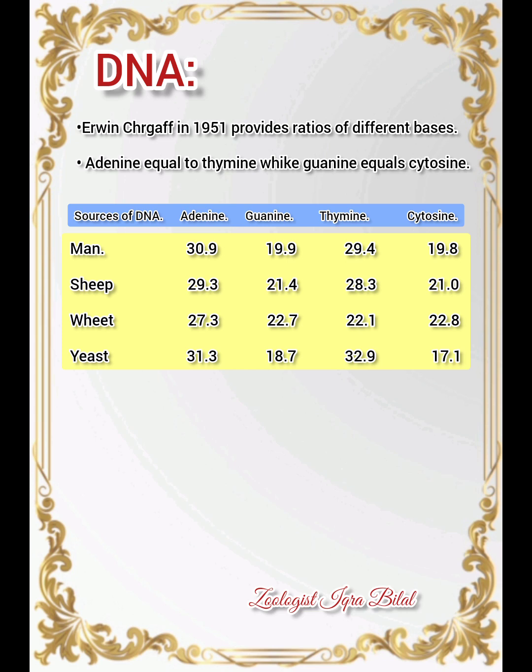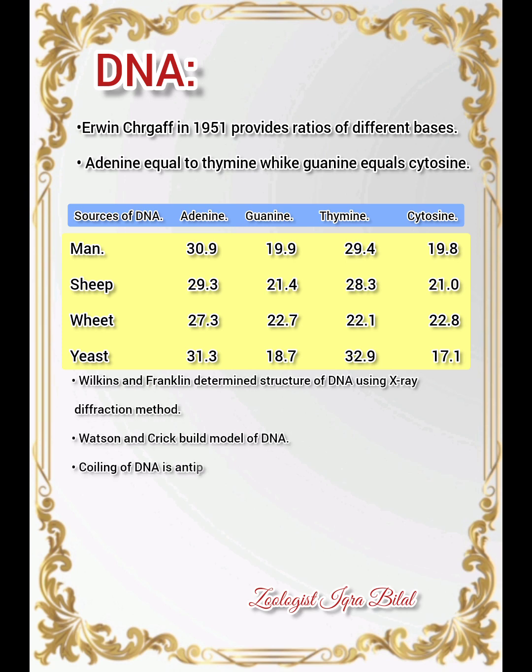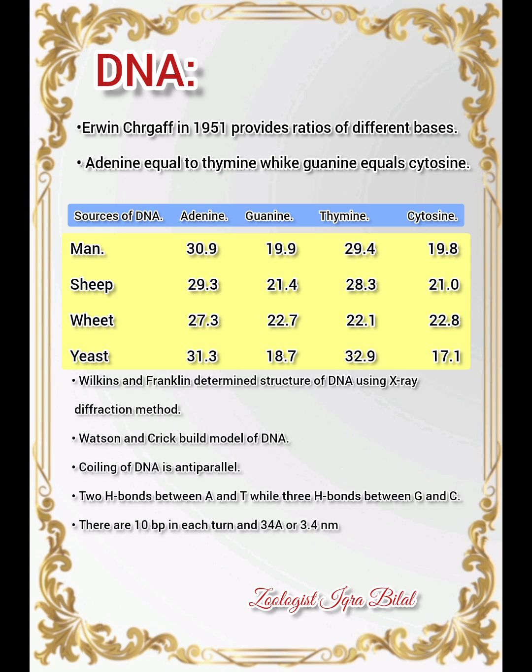In sheep: adenine 29.3, guanine 21.4, thymine 28.3, cytosine 21.0. In wheat: 27.3, 22.7, 22.1, 22.8. In yeast: adenine 31.3, guanine 18.7, thymine 32.9, and cytosine 17.1.